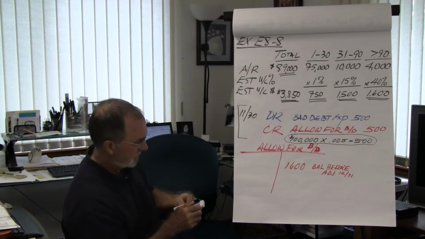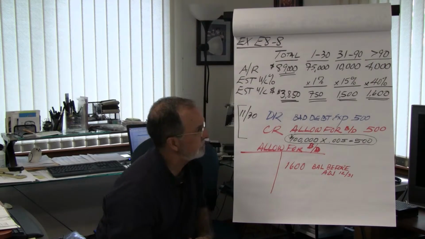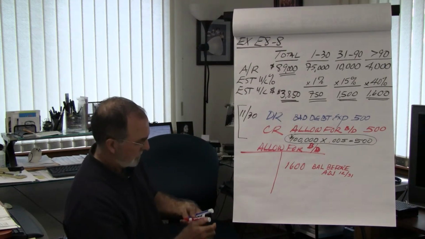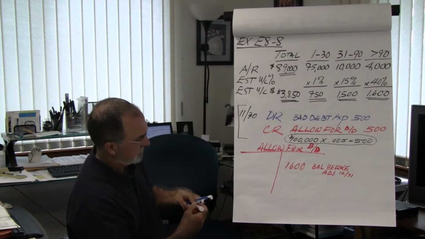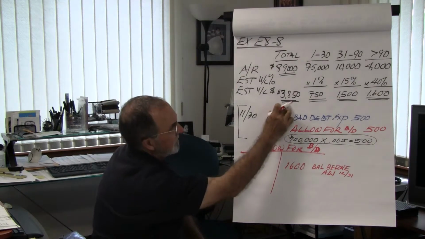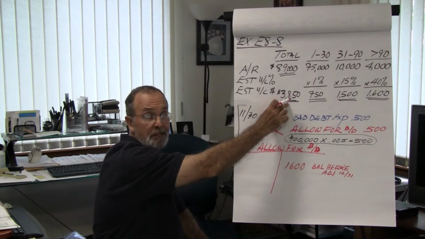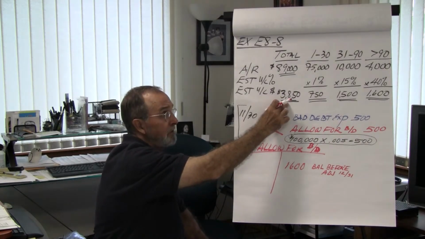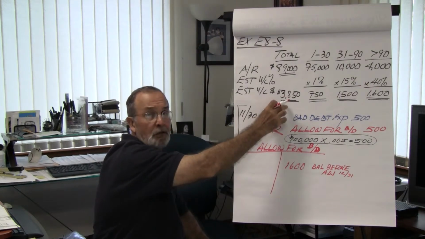So how do we apply this aging of accounts receivable method? Well, what it does is it provides us with the balance in the allowance account that we think we need.